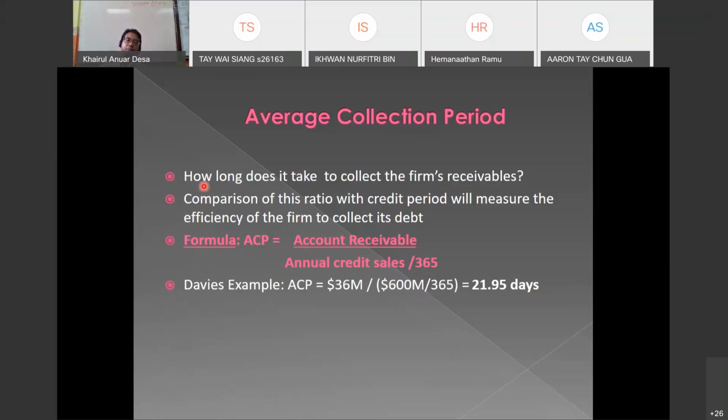Or we compare with the market, we compare with our competitors, or we compare with the benchmark given by a third party. Okay, setakat itu boleh ikut? Yes. Alright, kita sambung lagi.